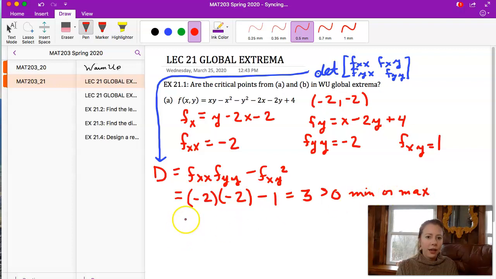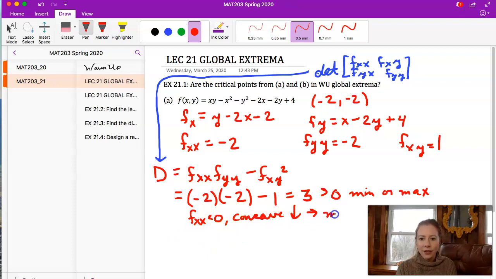All right, and so now we can look at our fxx or our fyy, and we notice that they are negative, and negative means concave down. So we're concave down, and so that means we have a max.